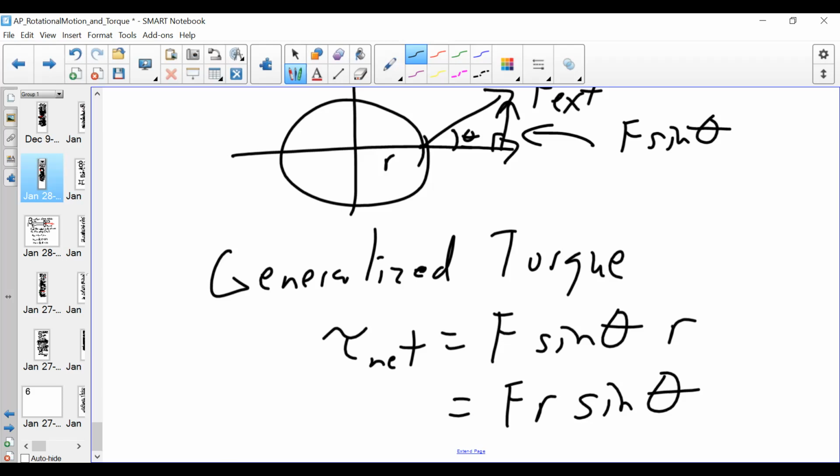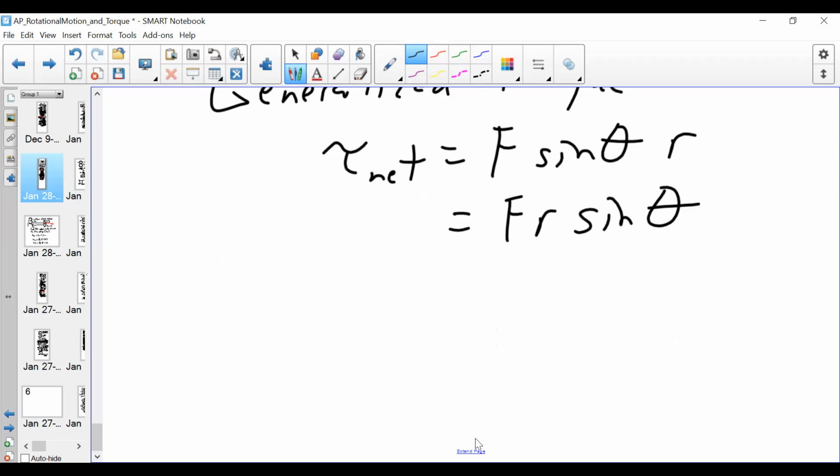And this particular equation is formed due to what is called a cross product between force and radius. So what I mean by that is taking force looking like this, and then we have, let's say, the radius, we're going to point it towards the center of the circle.